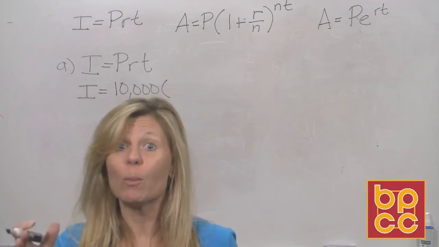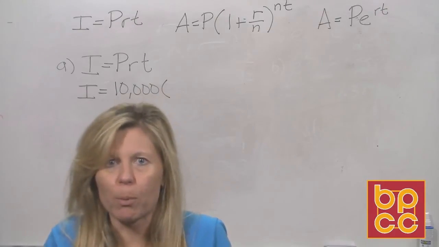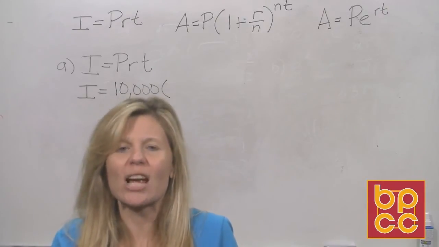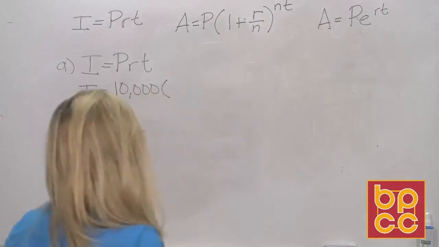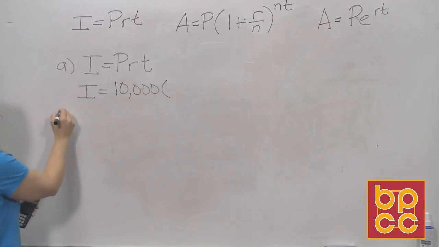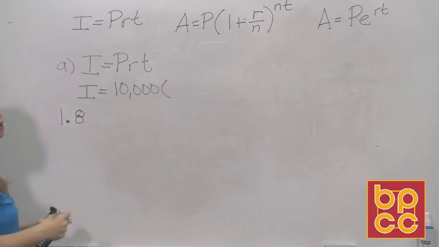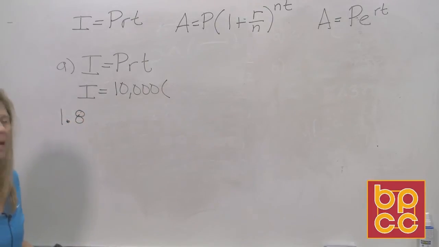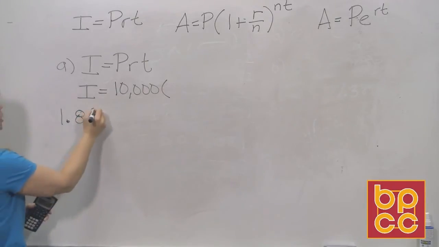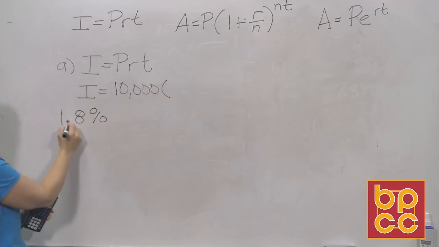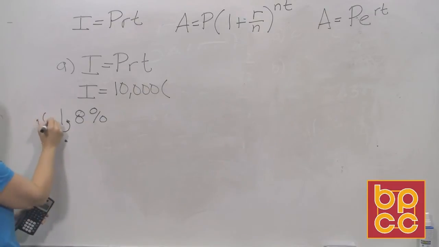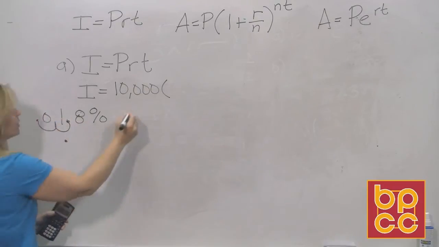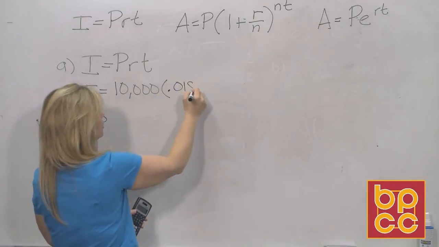So if I give you a percent, I don't care if it has a decimal point in it, you have to change it to a decimal by moving the point 2 places to the left. Why do you move the decimal point 2 places to the left? It is because percent is out of 100, and we're dividing this by 100. So 1.8%, if we move the decimal point 2 places to the left, would be the decimal 0.018. And that's what's going to go in your formula.